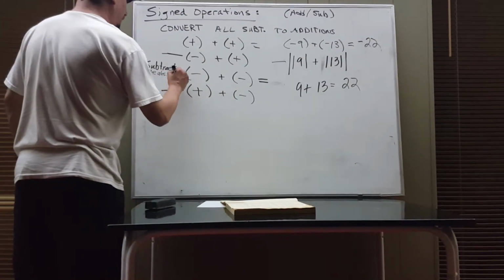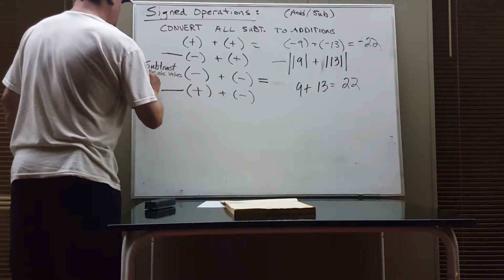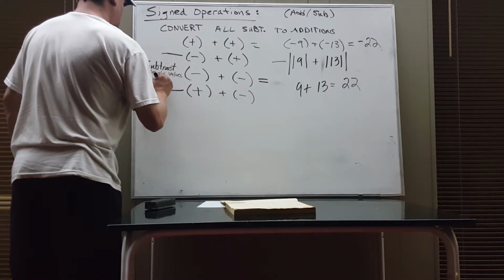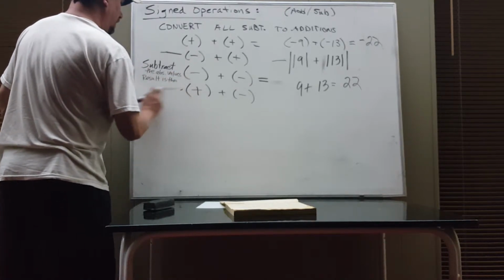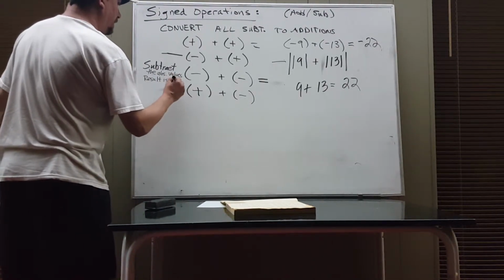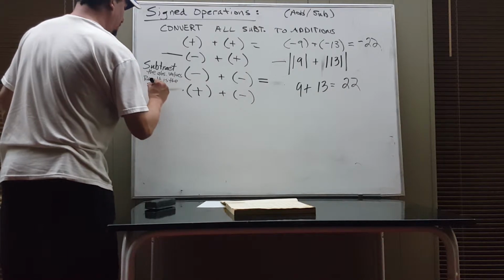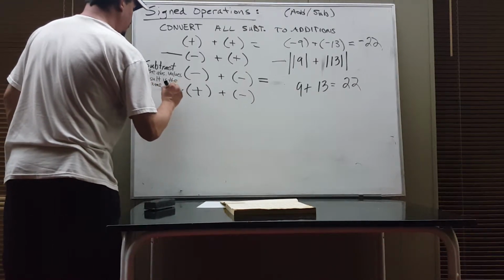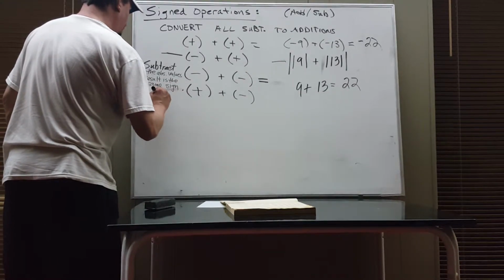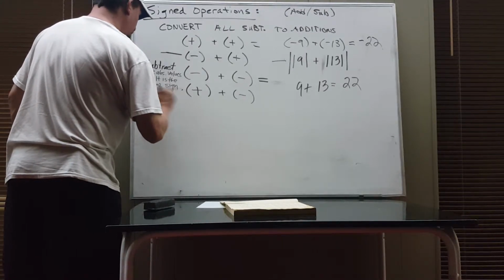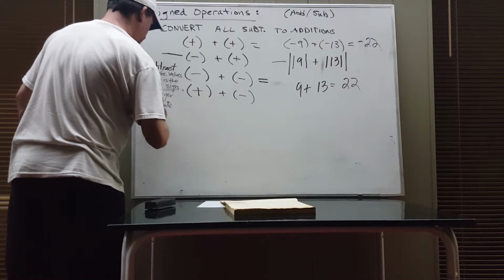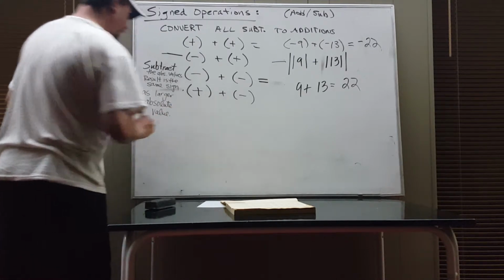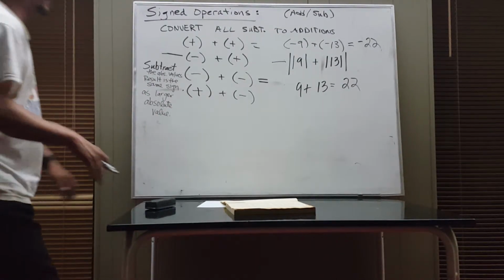So you subtract the absolute values, and the result is the same sign as the larger absolute value.